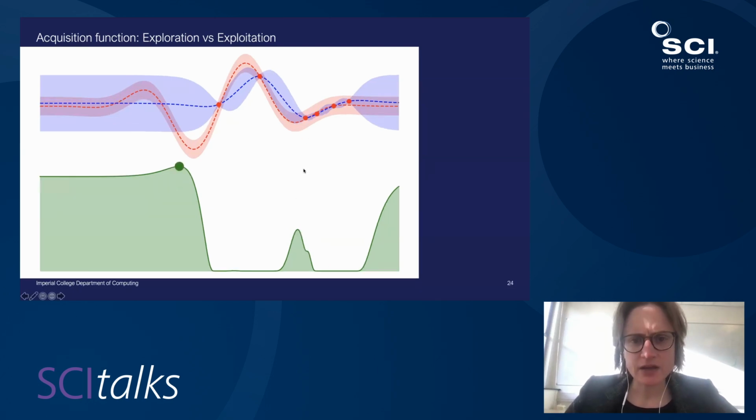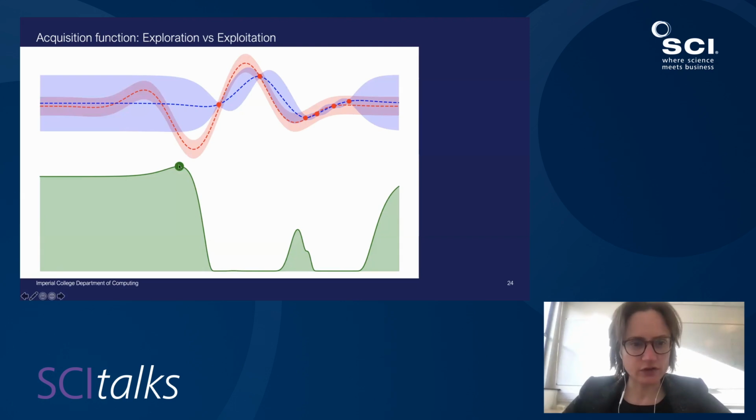Then I take that sample and I update my blue function, my belief about what is going on, with respect to both the mean function and the uncertainty. Now I'm recomputing the acquisition function because I am much more certain about the region where I just took a measurement.